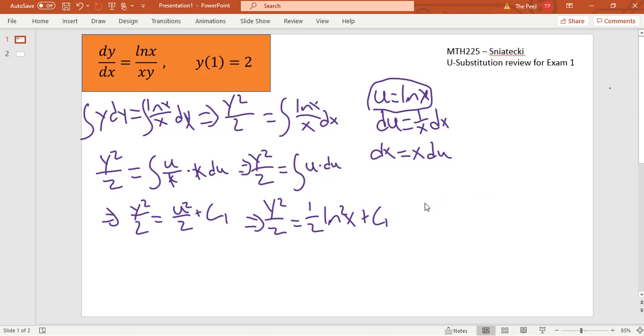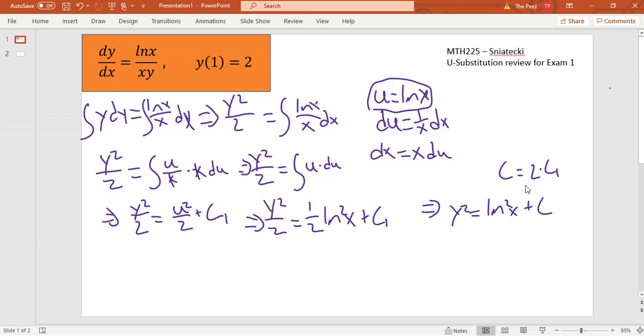From here on, we just multiply everything by 2. We've got y squared equals natural log squared of x. What we can do is we can make it plus c, and we're going to have c equal to 2 times c1.